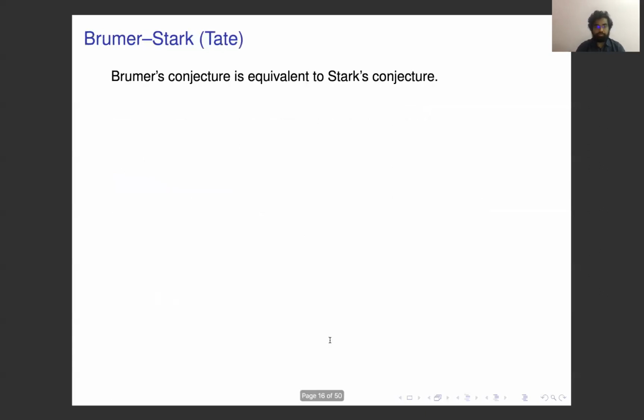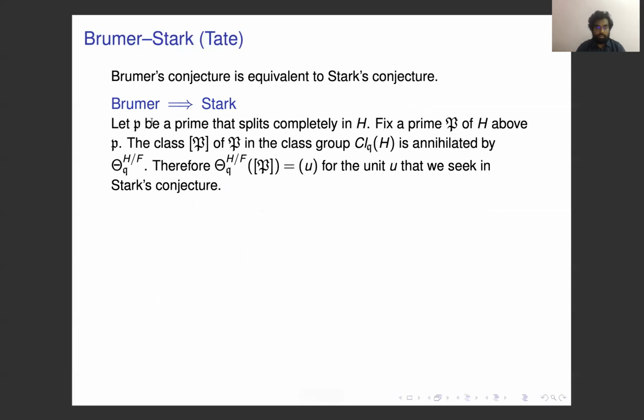Okay. All right. So Tate put these two conjectures together and called it the Brumer-Stark conjecture. So Brumer's conjecture is equivalent to Stark's conjecture. So it's just one conjecture basically. And let me briefly sketch how you go from Brumer to Stark.